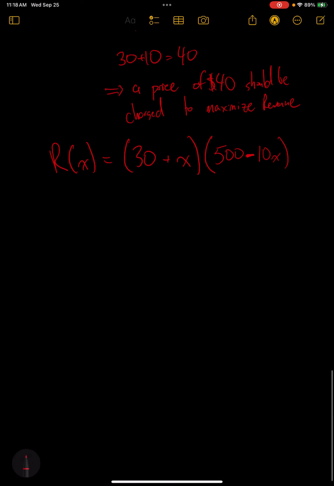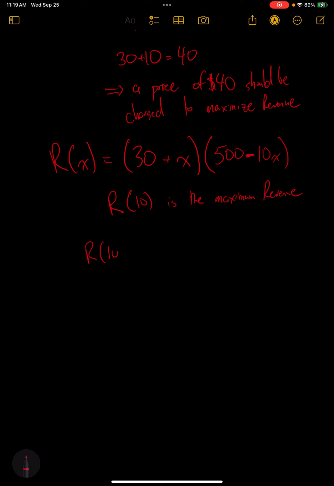So at x equals 10, we shouldn't even say R of x. This is how we should write it: R at 10 is the maximum revenue.